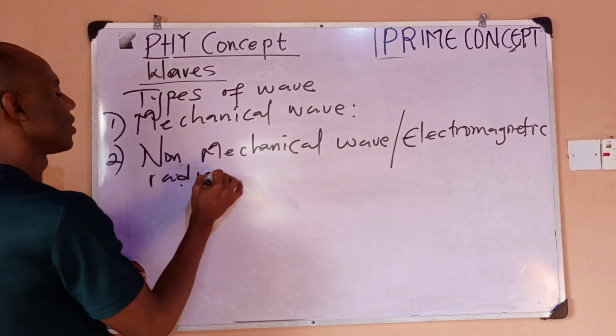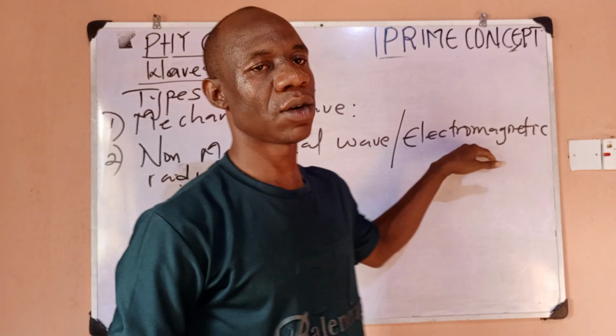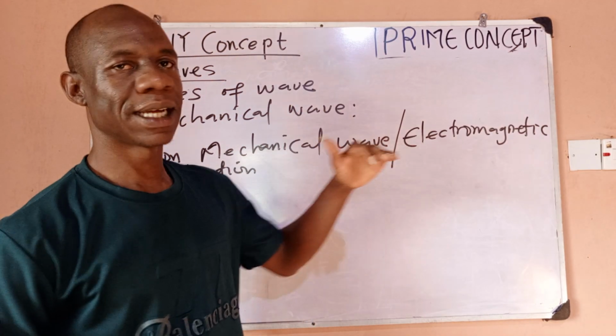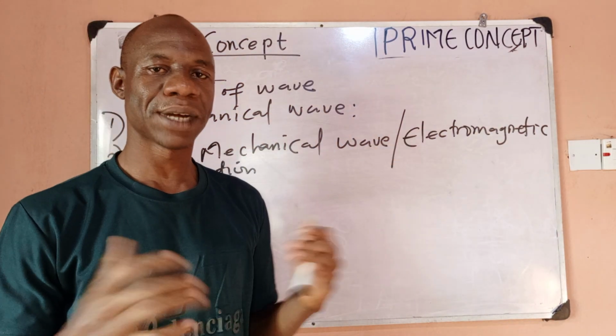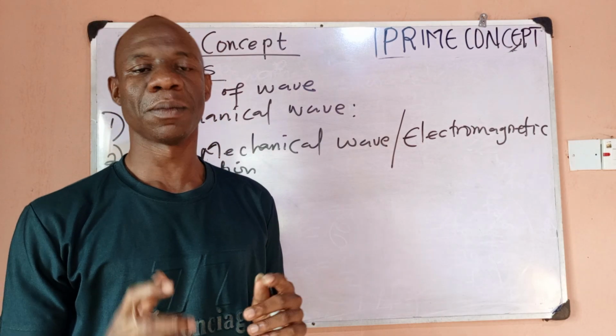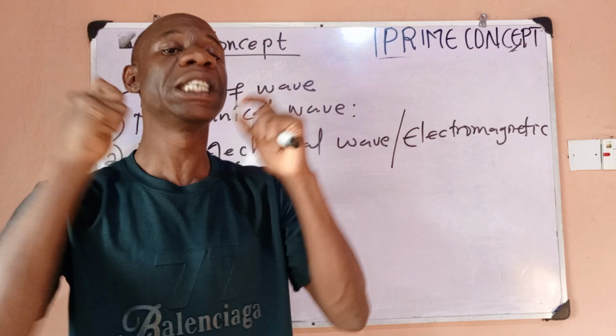So we have non-mechanical waves, which can also be called electromagnetic radiation. Non-mechanical or electromagnetic radiations are waves that do not require a material medium for their propagation. That is to say, they can travel in free space.